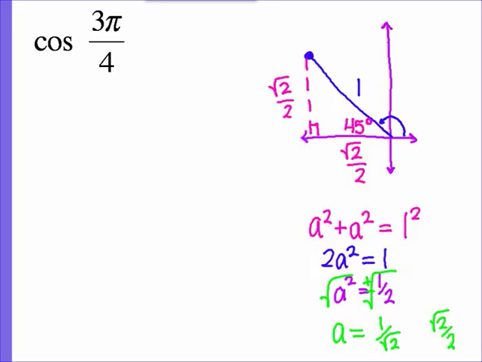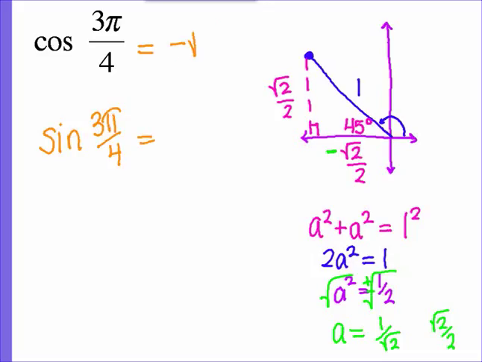Now which one is negative? The bottom one. The bottom one is negative, and basically all you're doing is looking at your location to determine if it's positive or negative. From the origin, a negative number is to the left, a positive number is up. So in looking at that triangle, what is the cosine in that triangle? Negative root 2 over 2.